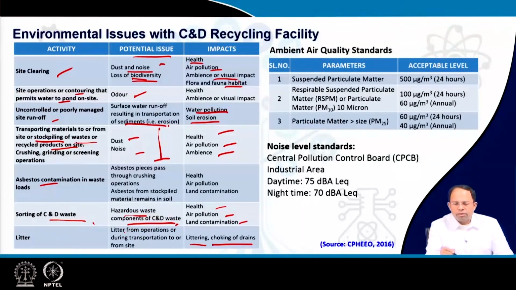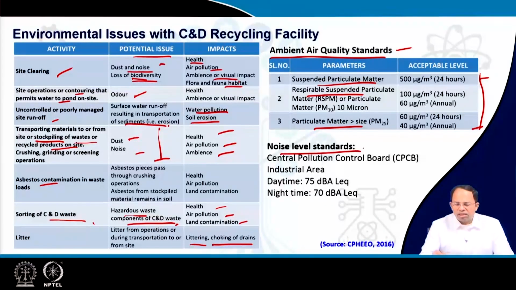Now, for this we have to regularly monitor this kind of sites, both in situ sites as well as separate sites. So, the ambient air quality monitoring standards have to be followed. These are again as per suspended particulate matter, RSPM, then particulate matter, different kinds of matter are being measured, and you can see these are the values, acceptable levels.